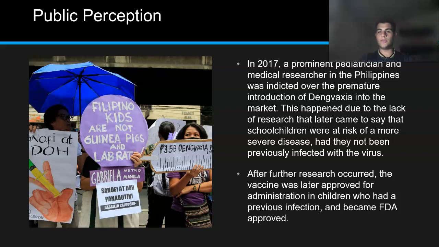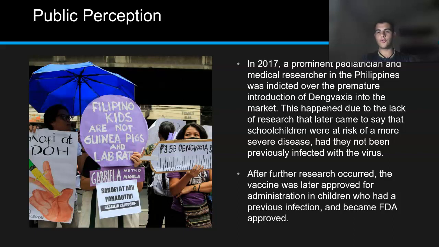The French company that manufactures it later came out with a statement saying that the vaccine was not to be administered to anyone that hadn't been previously infected with the dengue virus.